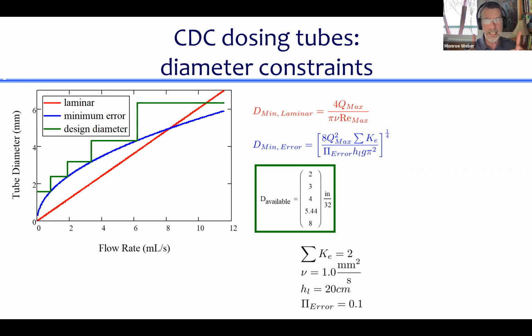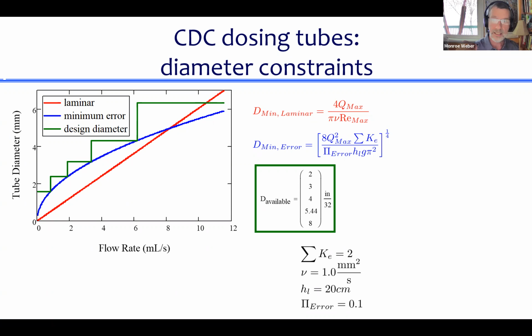And then we solve for that D. And when you do that, you get the red equation, that D min laminar is equal to 4Q max over pi times the kinematic viscosity times the maximum Reynolds number. And that is a minimum diameter. We have to be above the red curve always in order to be in the laminar range.